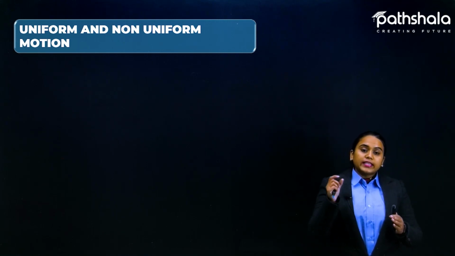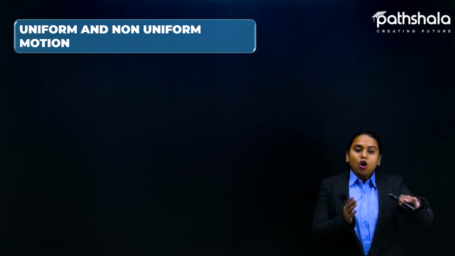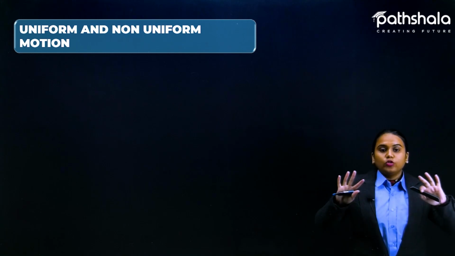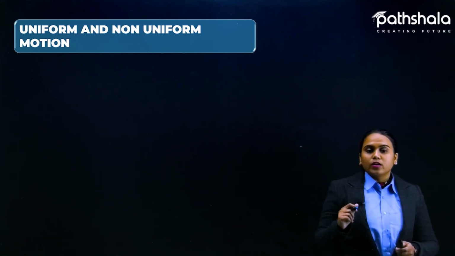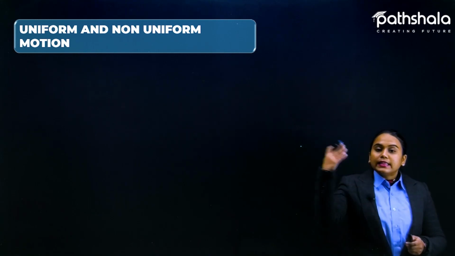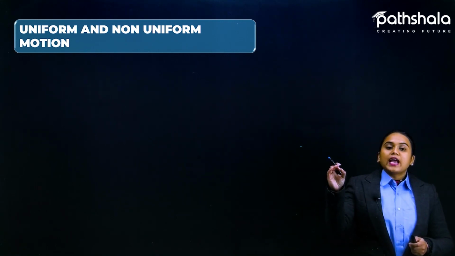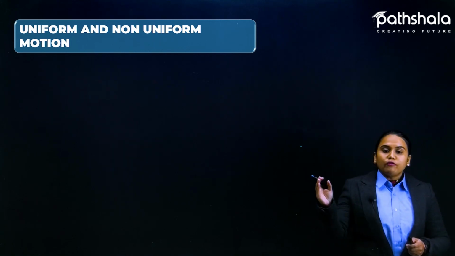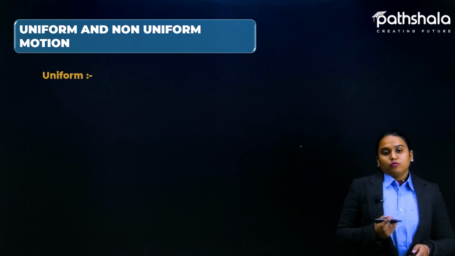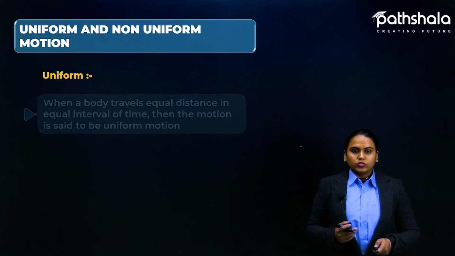These quantities can be distinguished into two parts, that is scalar and vector quantity. But here, motion can be identified by two assumptions, that is uniform motion and non-uniform motion. What is uniform motion now, students?